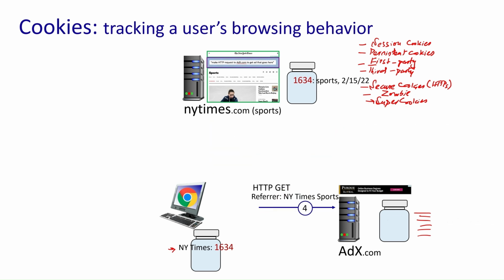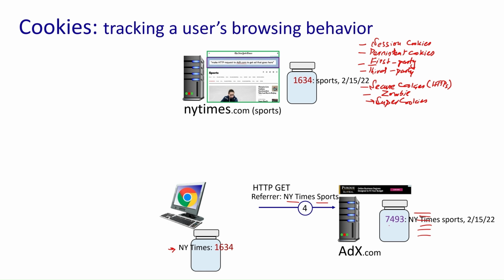Now remember, the New York Times page cannot be displayed yet because it has an ad which needs to be fetched from another server, which is edX.com in this case. So in the HTTP request, there is a referer, indicating that this request is being referred by New York Times Sports.